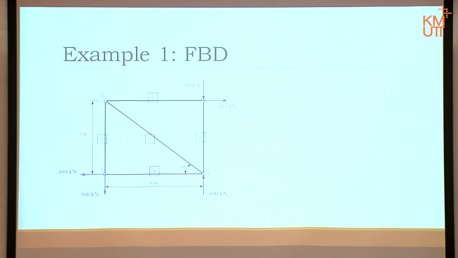It doesn't help, okay? So in this case, it means that you should look at a joint that has only 2 unknowns at a time, okay? For example, in this one, you can start from joint 3 or joint 2, it's up to you. For no other reason, but I want to choose it, I'm going to choose joint 3, okay?